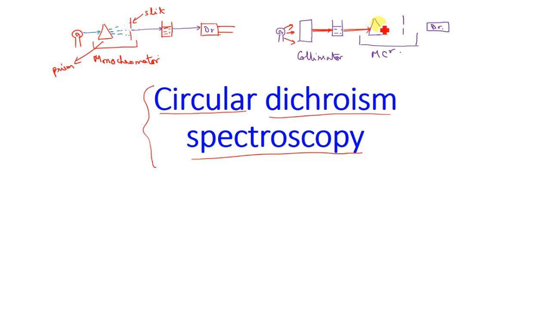Now the prism breaks down the signal. Through this exit slit, a radiation passes out and falls onto the detector, and that is detected. So circular dichroism spectroscopy is also a kind of absorption spectroscopy.